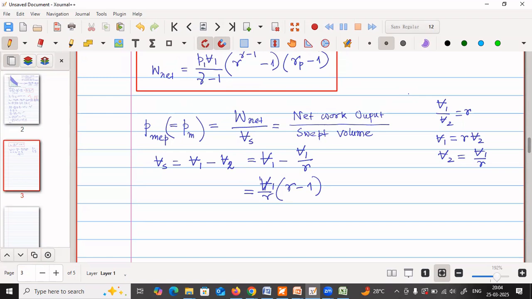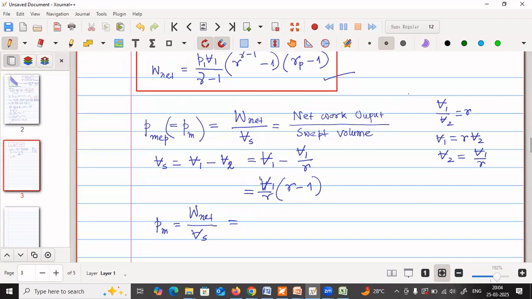Therefore, PM or mean effective pressure is equal to W net divided by Vs. What is W net?